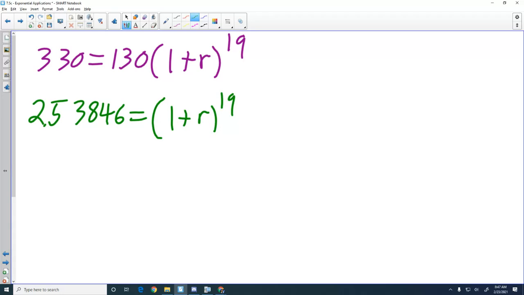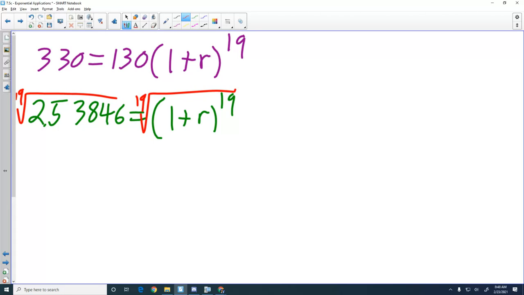So our goal is to get the r by itself, but it's trapped inside the parentheses. I want to cancel out the parentheses. So look at that exponent of a 19. To cancel out an exponent, you would take a root, right? If that were squared, we'd take a square root to cancel it. Since it's a 19, we take the 19th root of both sides.